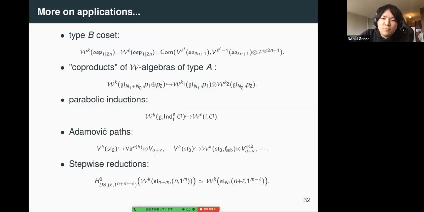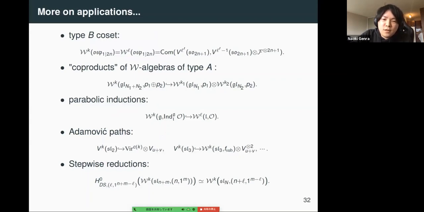And also, if you consider the screening-ization of the GLN W-algebra, and forget one screening, you get the natural affinization of the coproduct of finite W-algebras. The finite W-algebra case is known, constructed by Brundan and Kleshchev, but I guess this is some affinization. If you take the algebra, this induces the Brundan-Kleshchev coproduct of finite W-algebras.